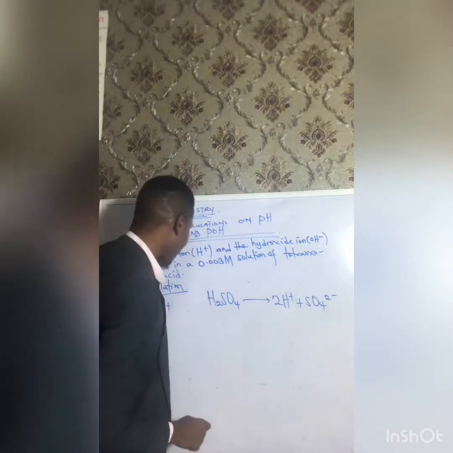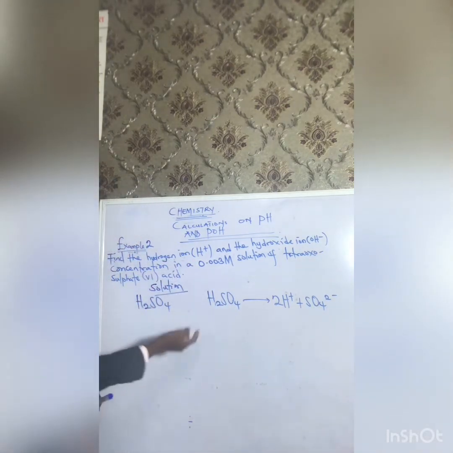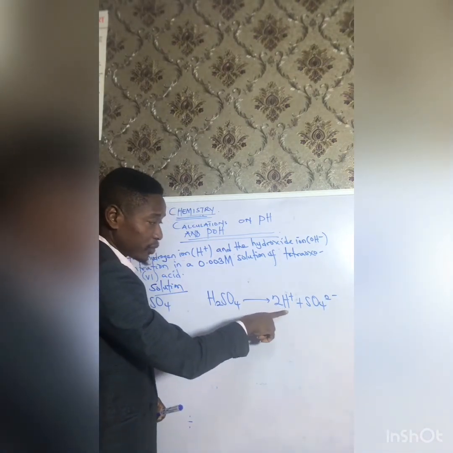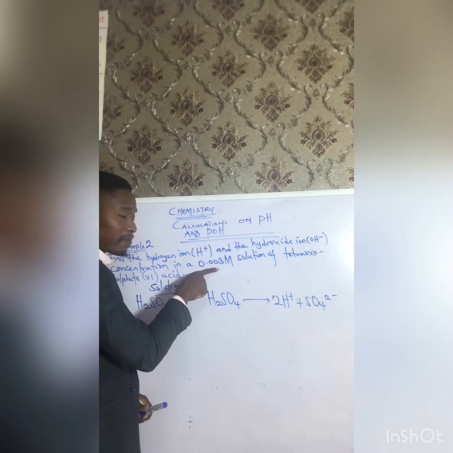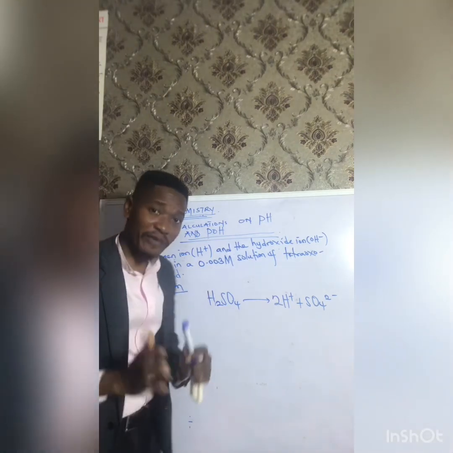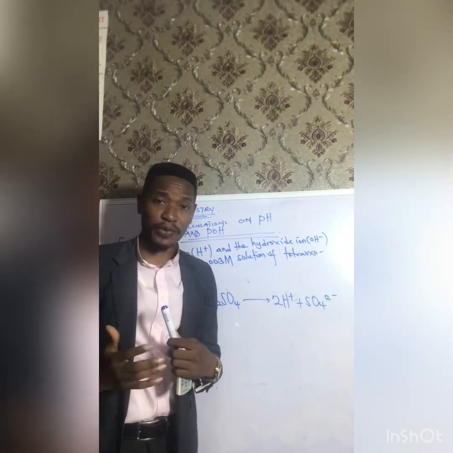Now what this implies is that from the question, you have been given the hydrogen ion concentration. But because you have 2 hydrogen ions being produced here, you are going to have to multiply this by 2 to get your hydrogen ion concentration. Please do not forget that. That is very, very important and quite essential. I hope you understand this.